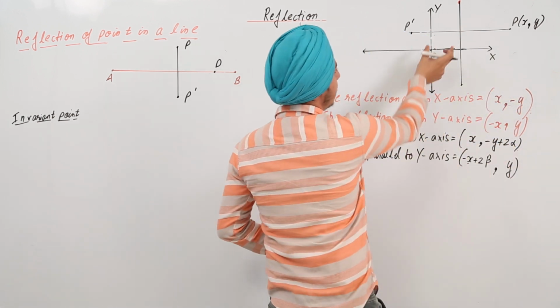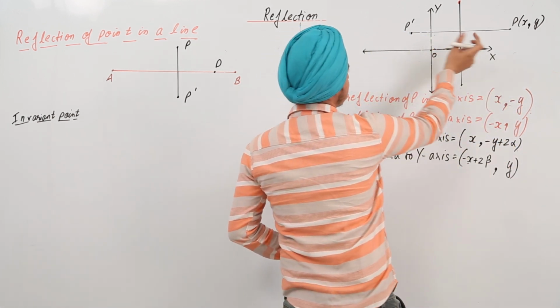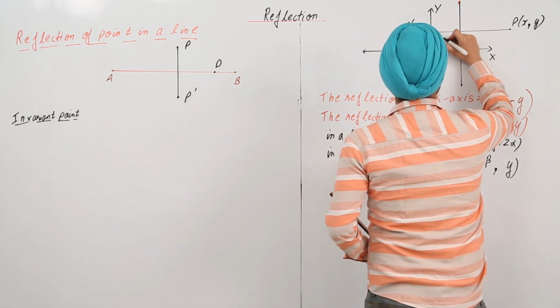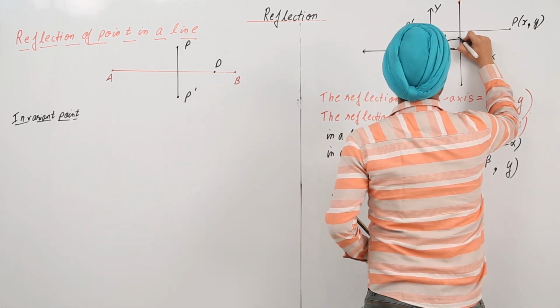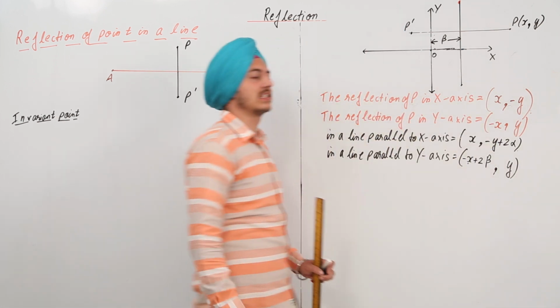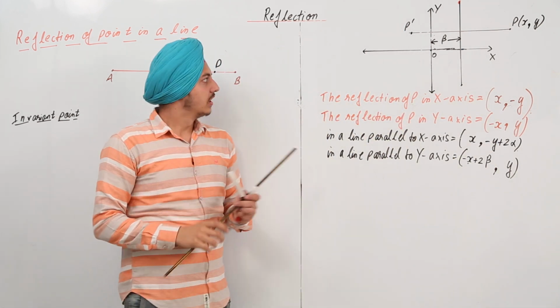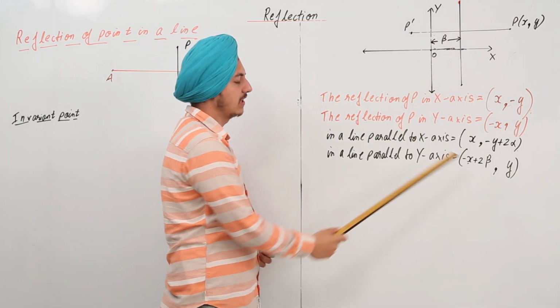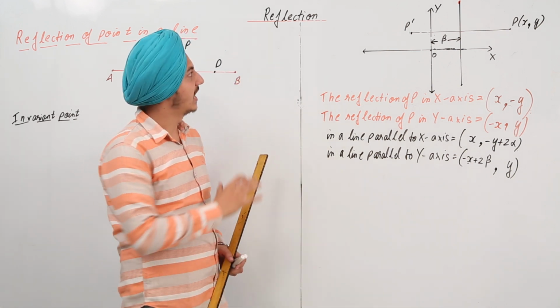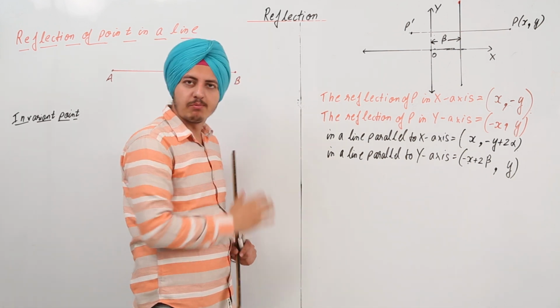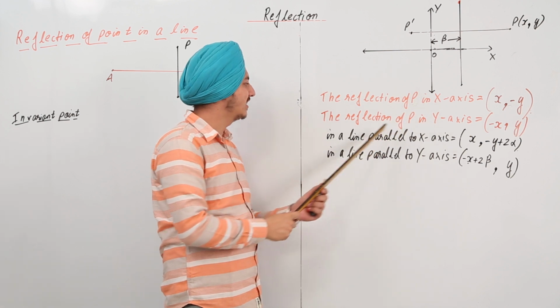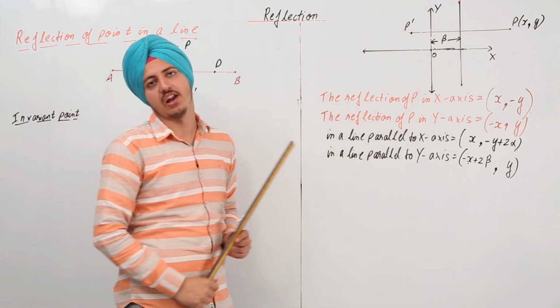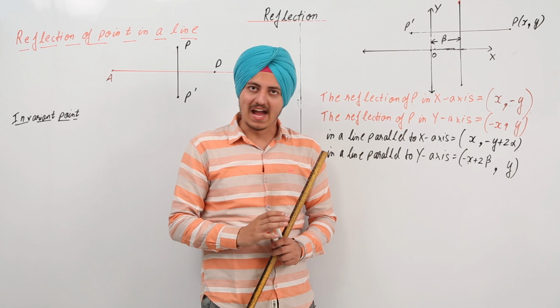And what is beta? Beta is the distance of this line from the y-axis. So the coordinates are minus x plus 2 beta comma y. That is how we find the reflection of a point in the x-axis, in the y-axis, in a line parallel to the x-axis, and in a line parallel to the y-axis.